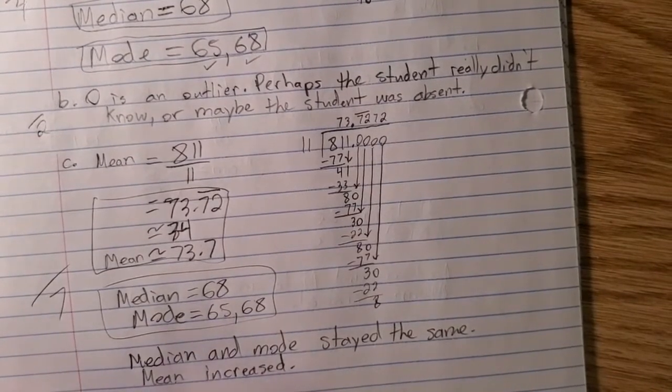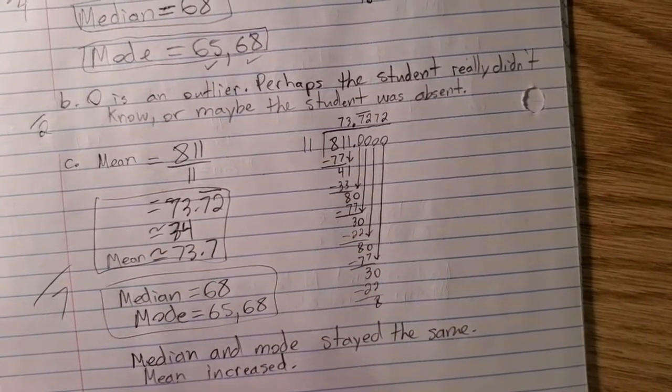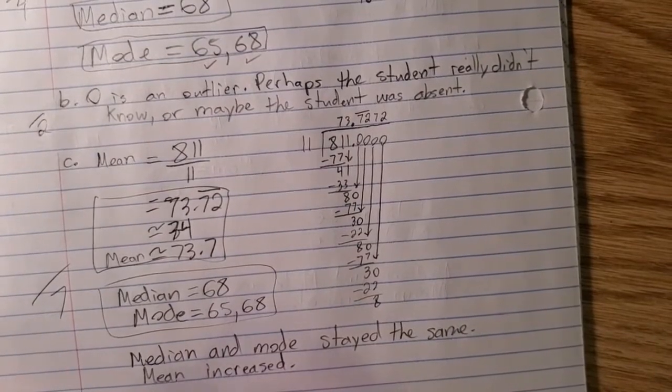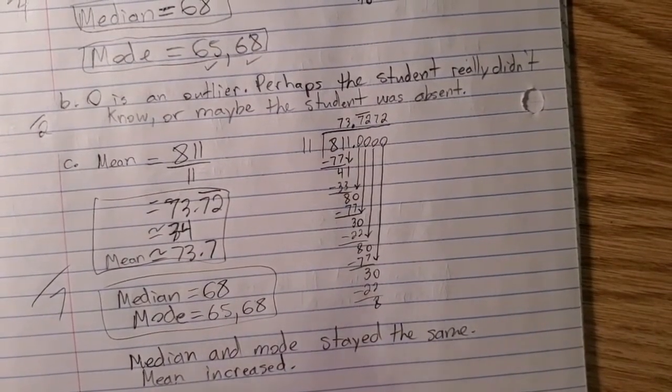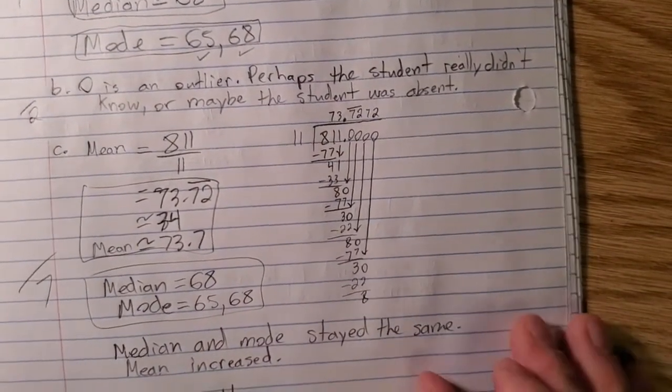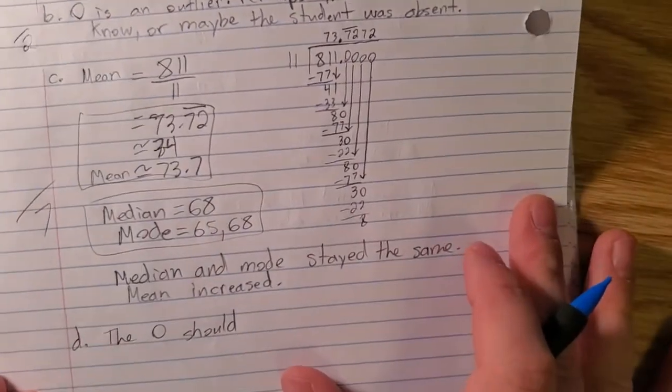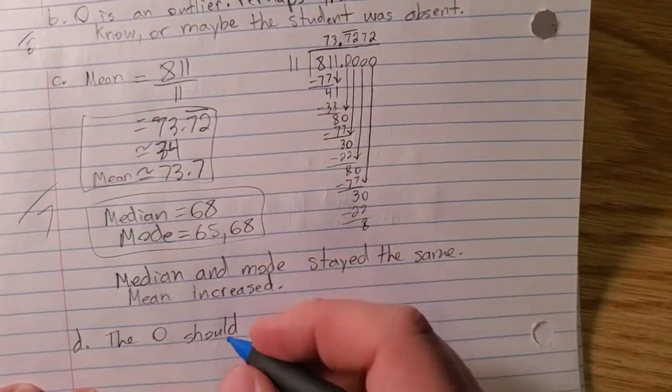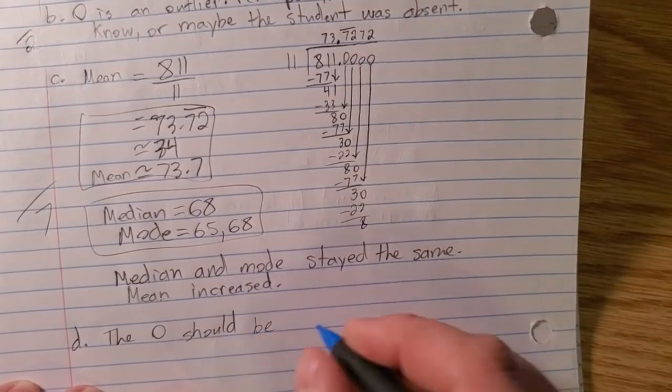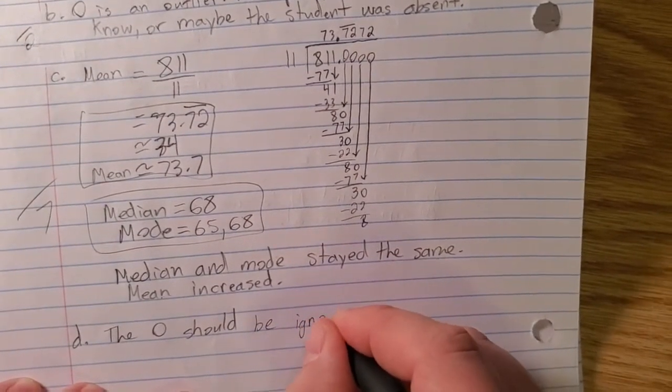So it most likely should be ignored. It really depends what the situation is, because maybe it should be counted in some cases, but we're not going to do part D for marks. Should be ignored is the likely answer for that.